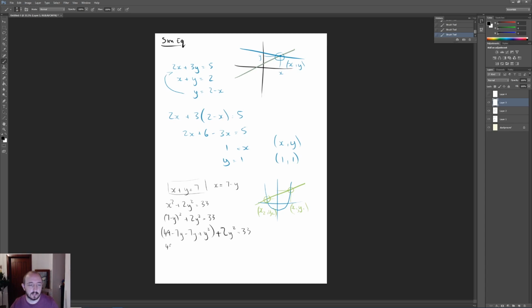So we've got 49 minus 14y plus y squared plus another 2, that's 3y squared. And I'm going to subtract 33 from both sides to try and get 0 on the right. 3y squared minus 14y, 49 minus 33 is 16, equals 0.